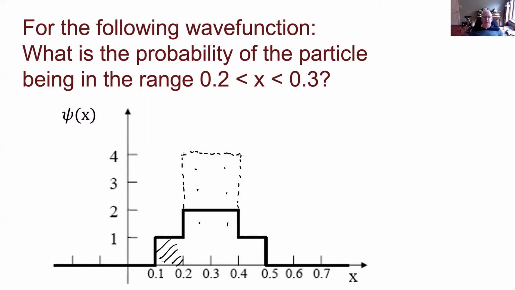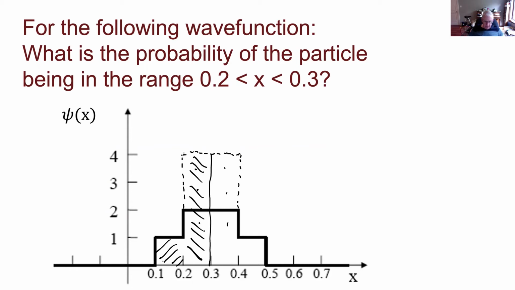Then it says, I just want to find the probability of being in the range from 0.2 to 0.3, right? Of the total area under that function, which is equal to 1, how much of it is in that window, right? That says I'm now looking at this part here that I'm shading in.